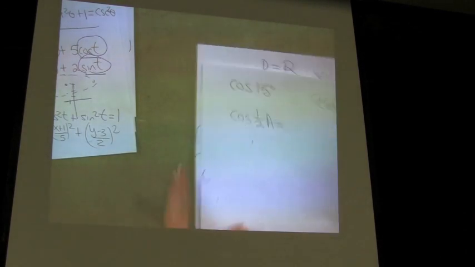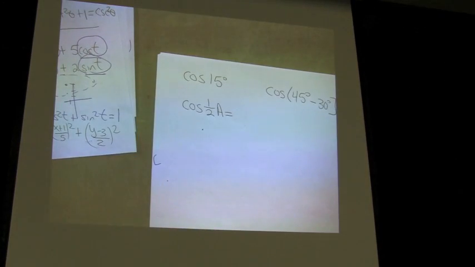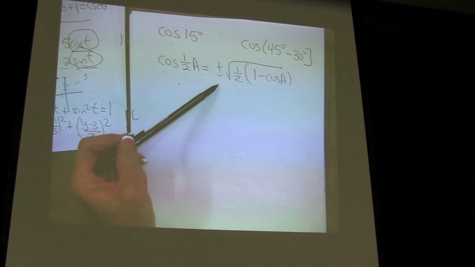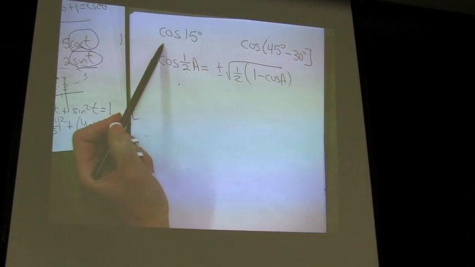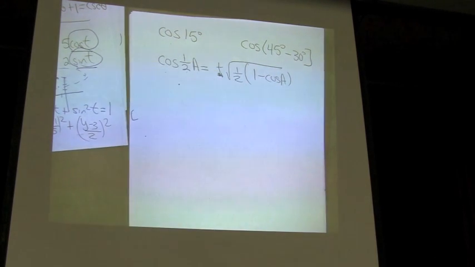Just to prove that they'll both give you the same answer, we'll do both. Plus or minus, you choose. You never use both of them unless you have no idea what size your angle is. What do we know about cosine of 15 degrees? It's positive. We would not use the negative.